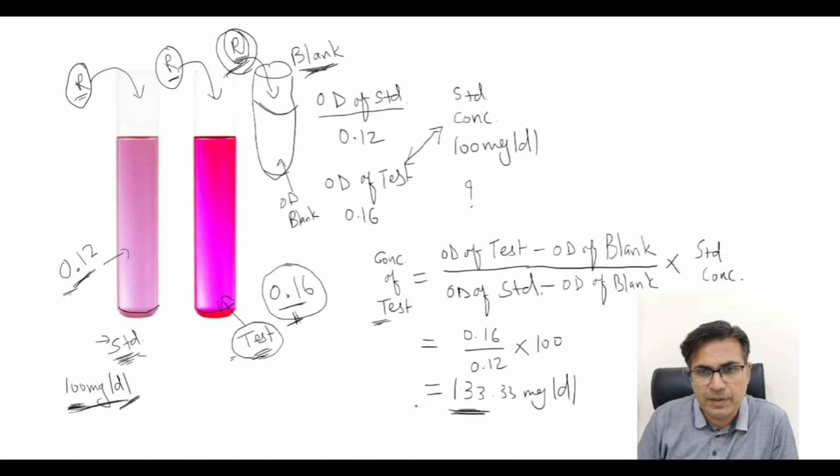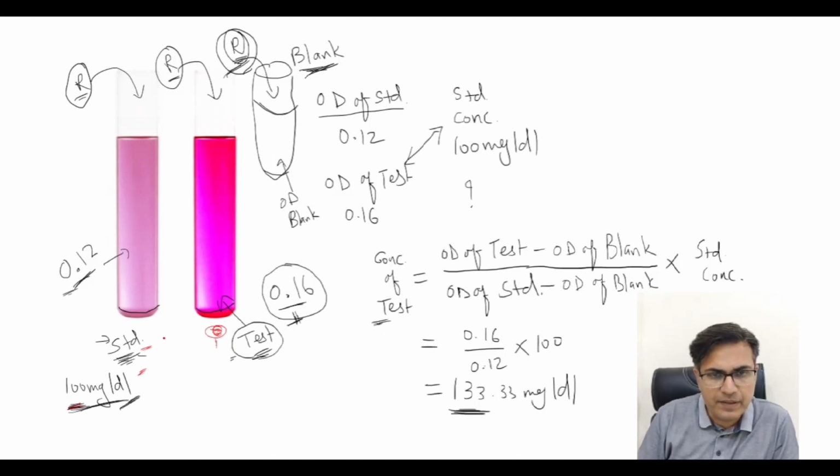So the result will be opposite. So always have the habit of checking the color of test and standard. If the color of the test is more, then the result will be more than the standard concentration. And if the test color is less than the standard, then the concentration will be less than the standard concentration. Always keep this in mind.